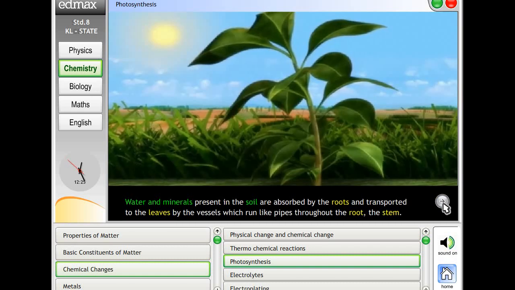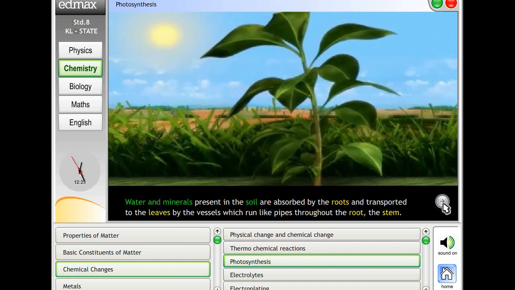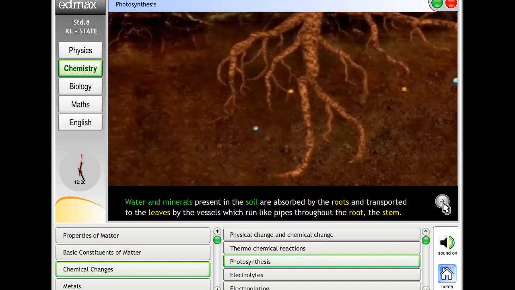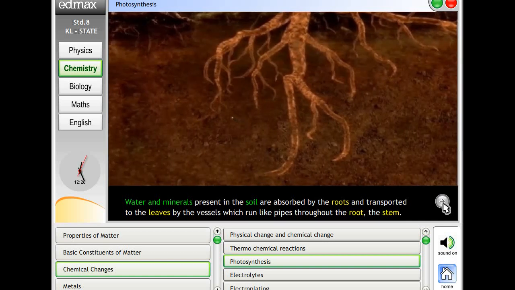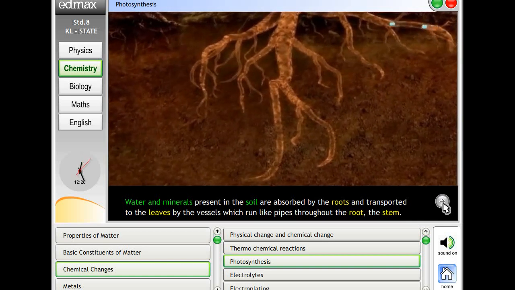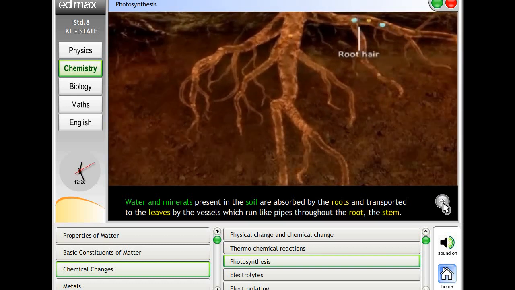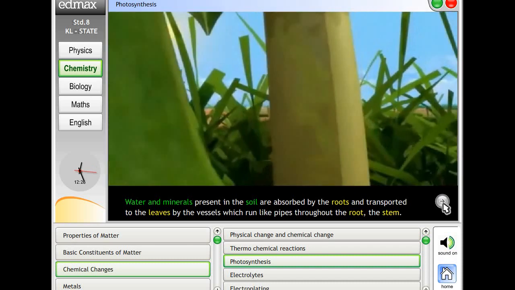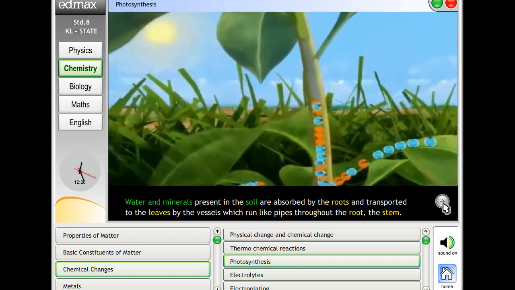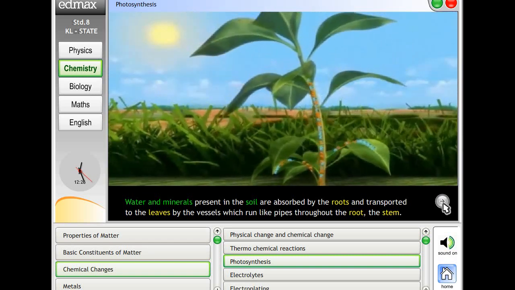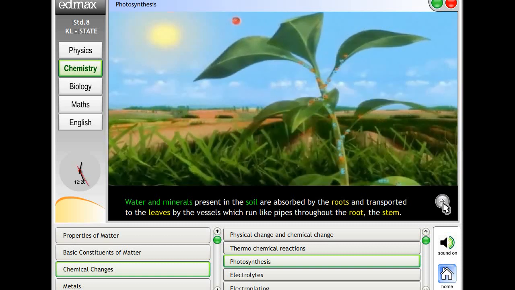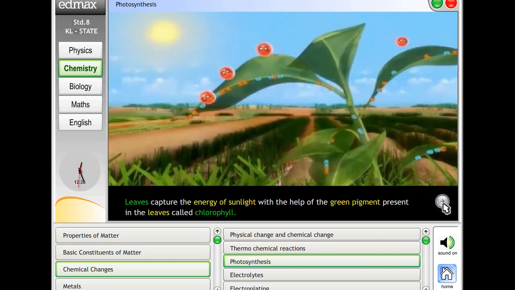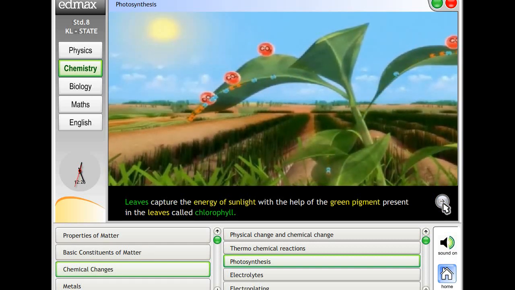Water and minerals present in the soil are absorbed by the roots and transported to the leaves by the vessels, which run like pipes throughout the root and the stem. Leaves capture the energy of sunlight with the help of the green pigment present in the leaves, called chlorophyll.